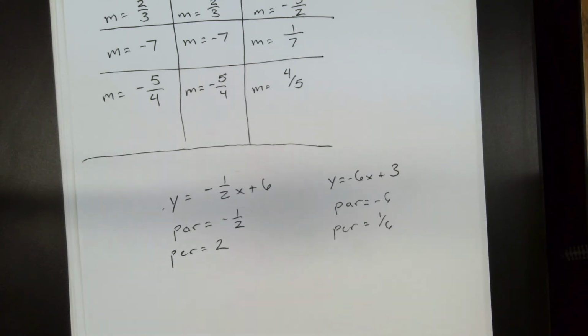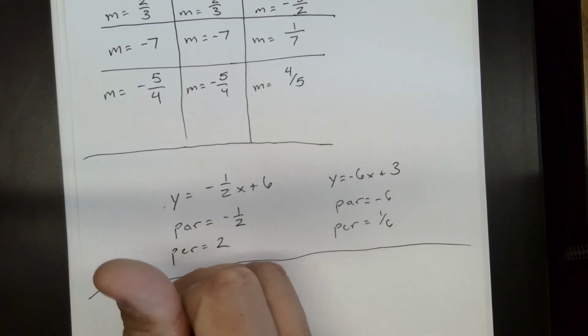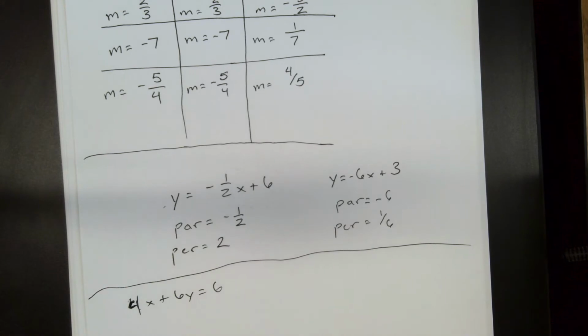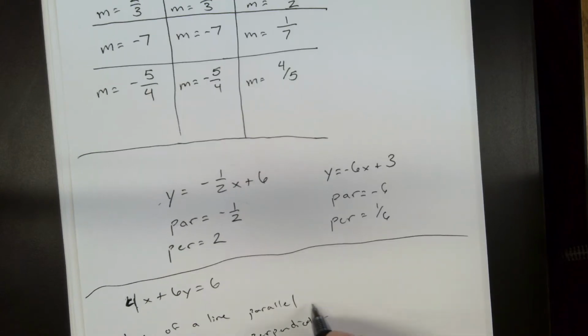All right, what about if they give me something like this though? 4x plus 6y equals 6. And let's say they said, I want to know the slope of a line parallel and slope of a line perpendicular, same exact thing, except now it gives it to us in standard form.